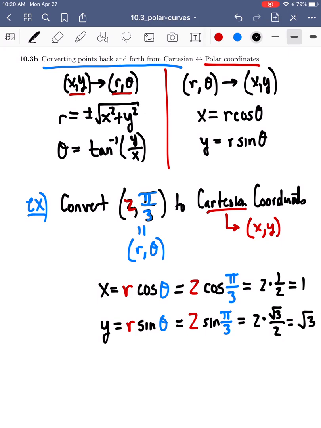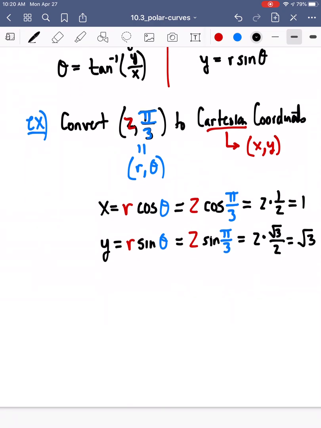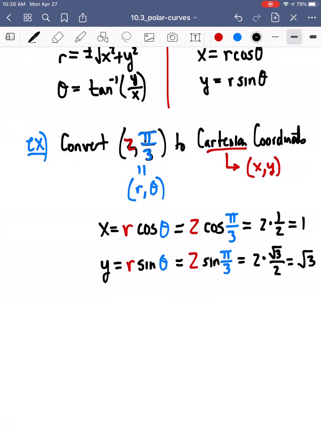So what I always do with these problems is I usually make a sketch of just the point to make sure that we're ending up in the right x, y versus where we're starting with the right r and theta. So for example, on the xy plane, we're starting off with the point 2, so we're a distance of 2 away from the origin at an angle of pi over 3.